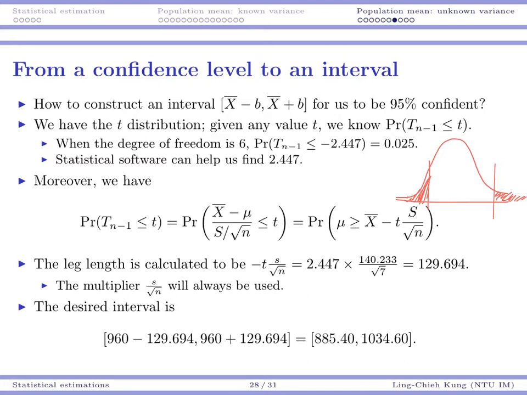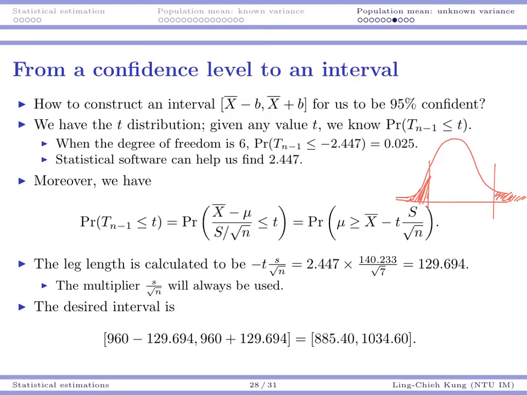So with this formula, let's see. I know in general, if capital T is less than or equal to small t, then capital T is just this, right? X bar minus mu divided by s over square root of n.